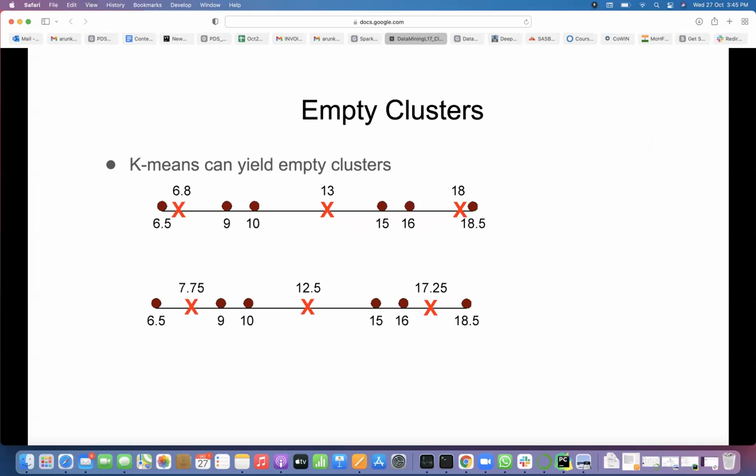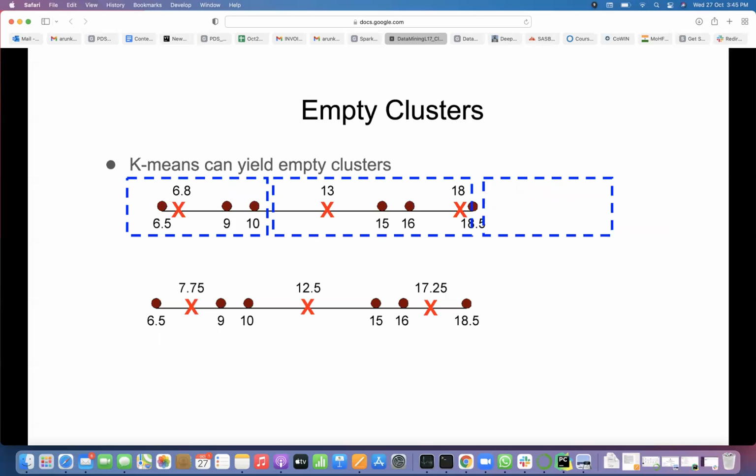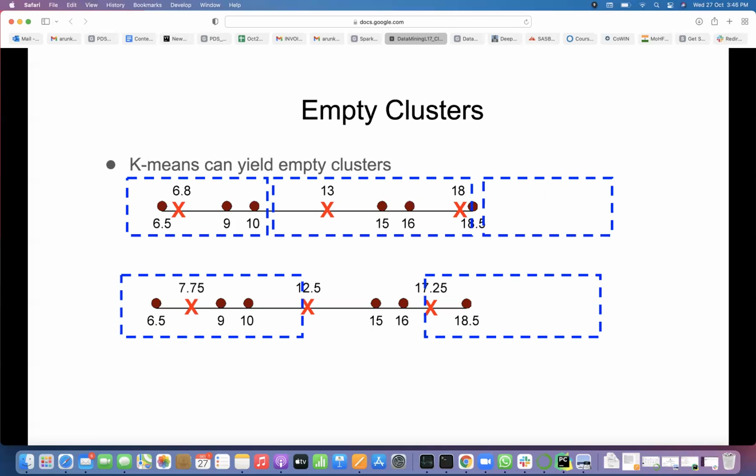So this k-means may also create some empty clusters. Here you can see that this is creating empty clusters. That is one problem which we have. The last cluster is empty here. In the middle, which one is empty?